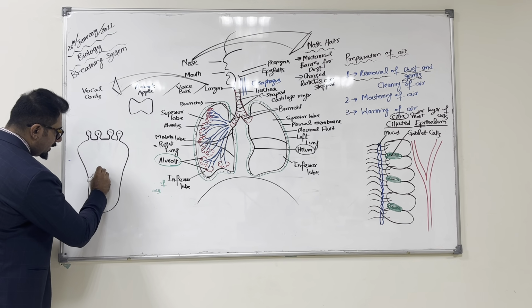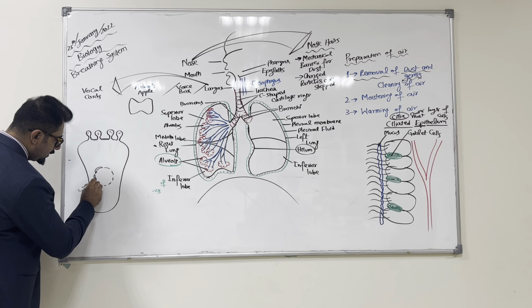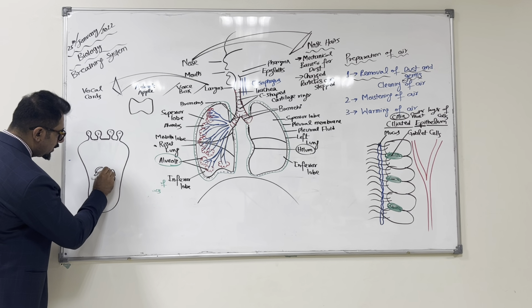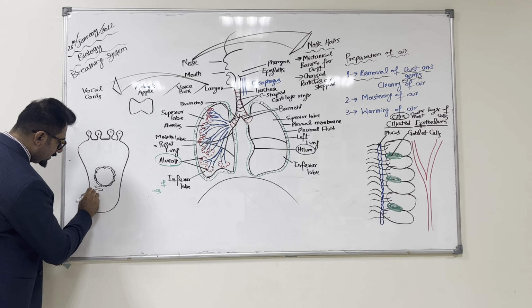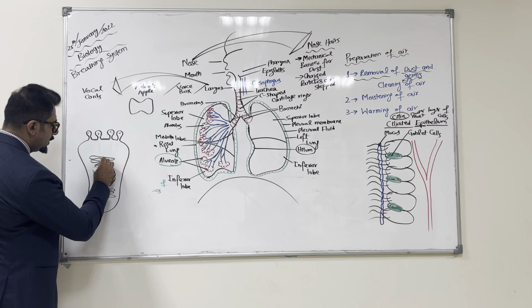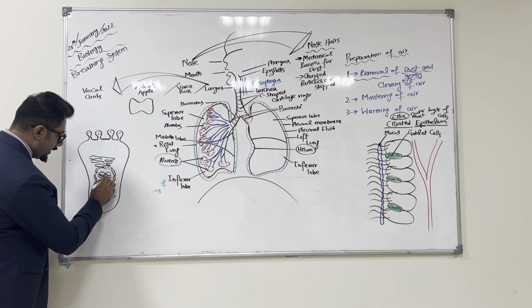Other than that, boys, inside the cell, this is the nucleus. And they have rough endoplasmic reticulum and a huge Golgi apparatus present in it.